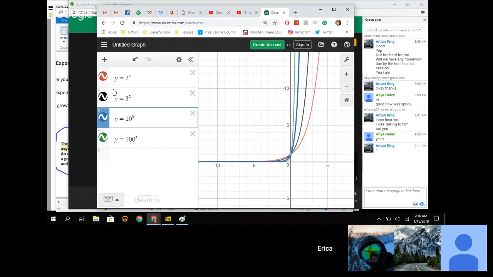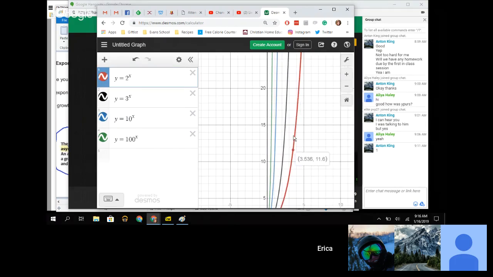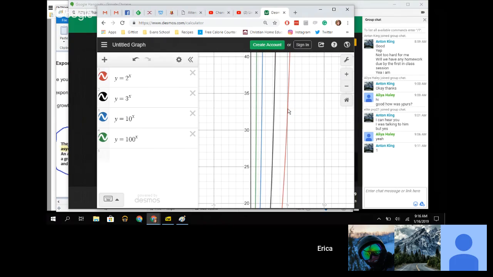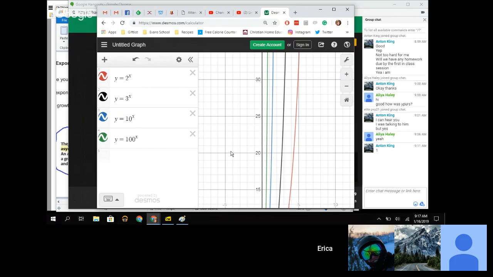Even my smallest one, y equals 2 to the x power, when I get to x equals 5, I'm all the way up to 32. So can you imagine when x equals 10 what I'll be at, or when x equals 100 what I'll be at? So these grow really fast, and that's pretty easy to understand because you're multiplying by itself.